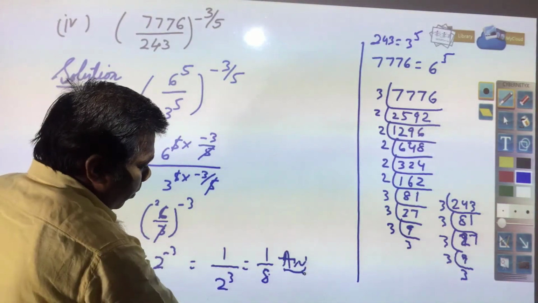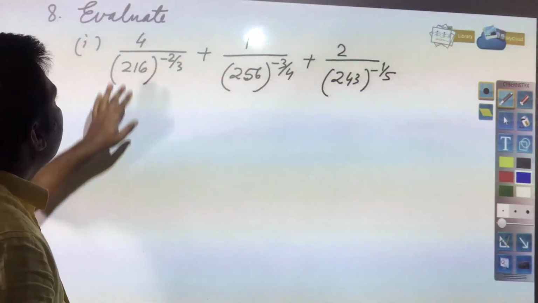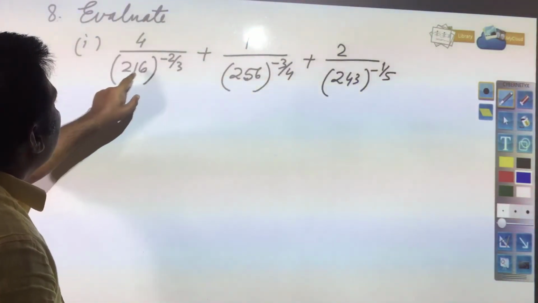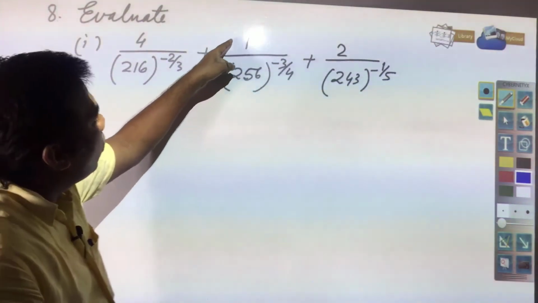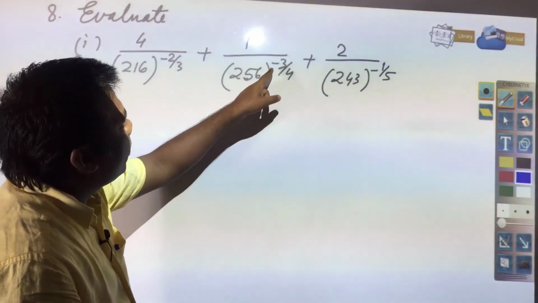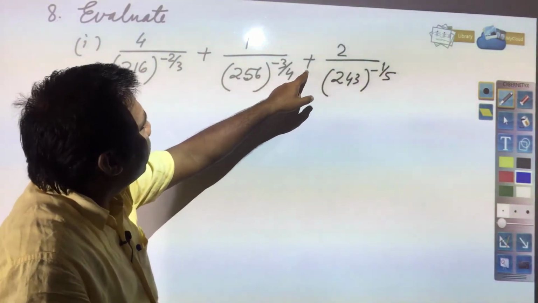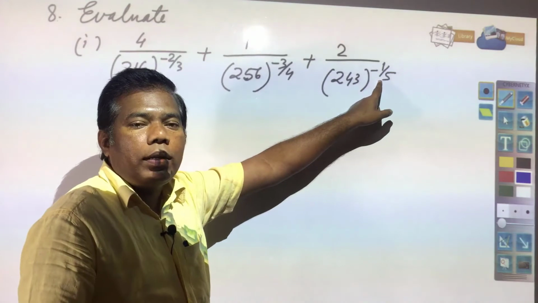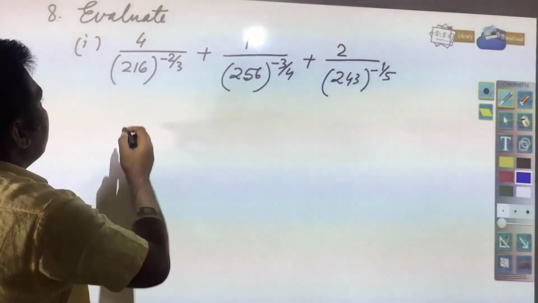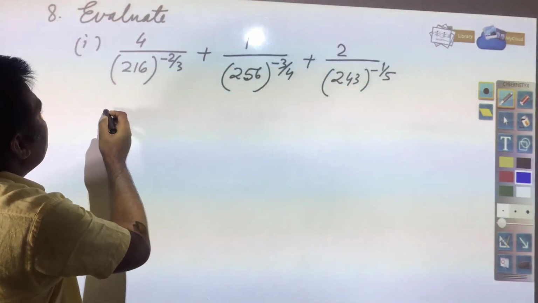Next question you see, you have 4 by 216 to the power minus 2 by 3 plus 1 by 256 to the power minus 3 by 4 plus 2 by 243 to the power minus 1 by 5. Here you see how we will solve this.